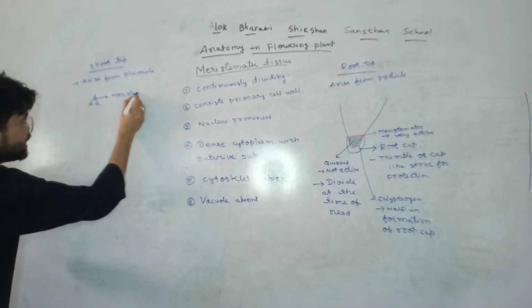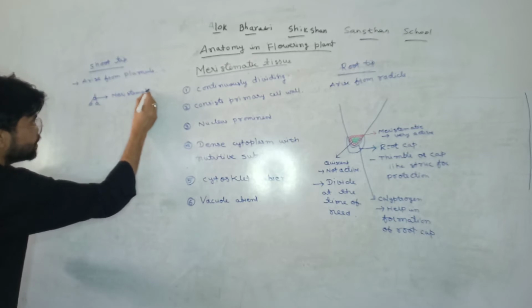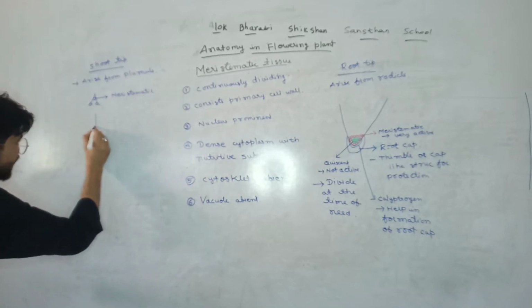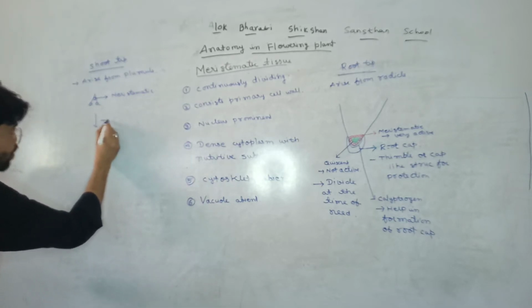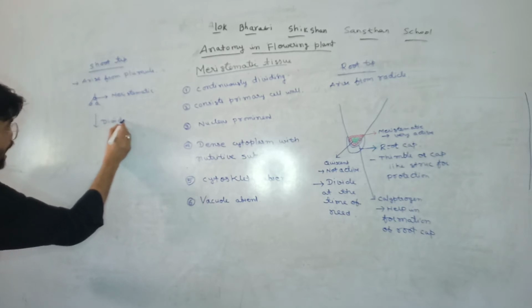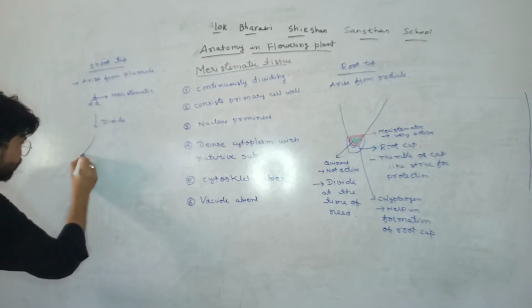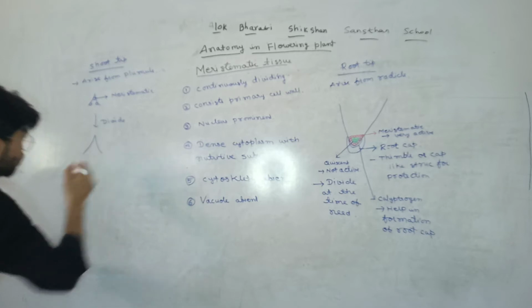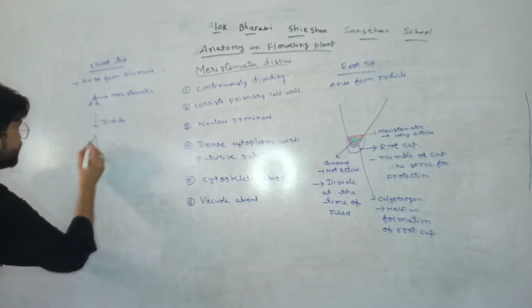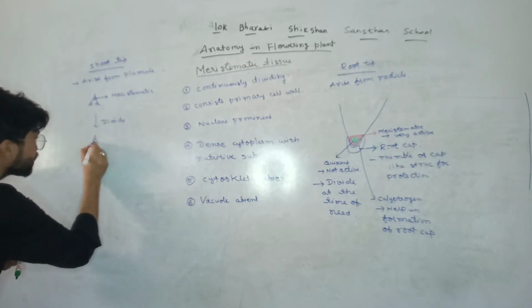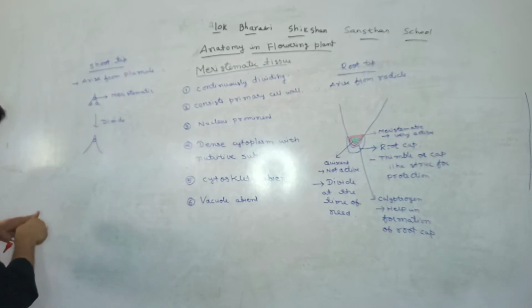After that, in the second step, you can see that this meristematic tissue will divide, my dear student, and it will divide and form some more tissue. So here you can see that it will divide and it will help in the formation of more tissue.